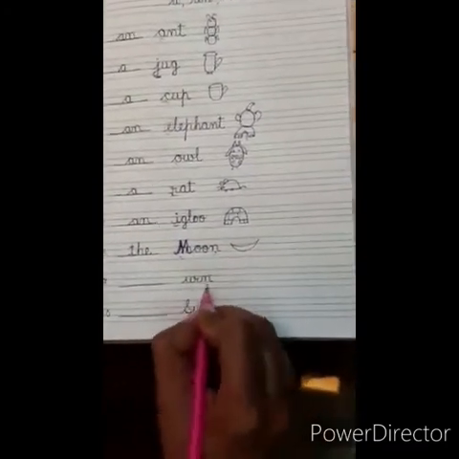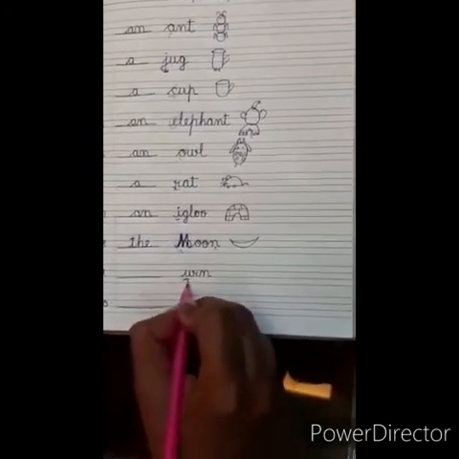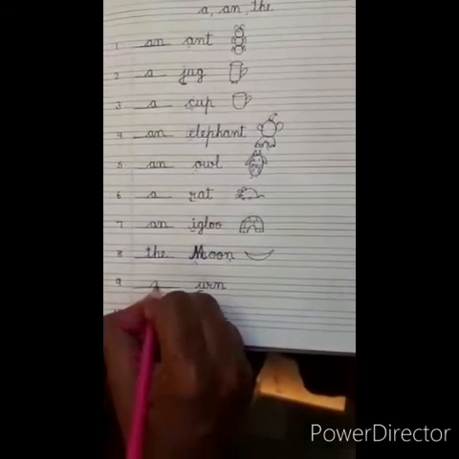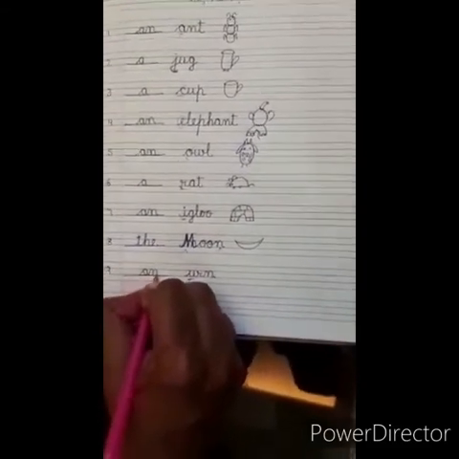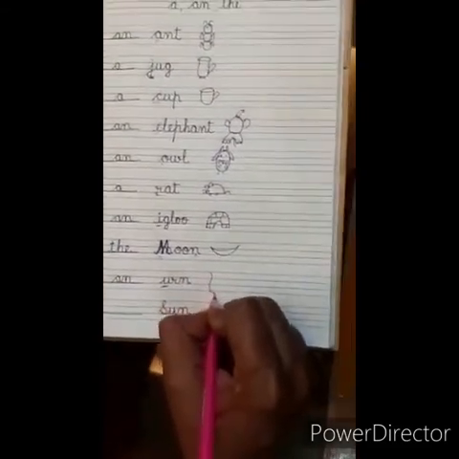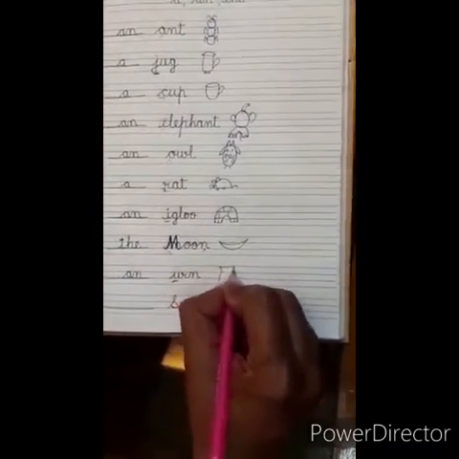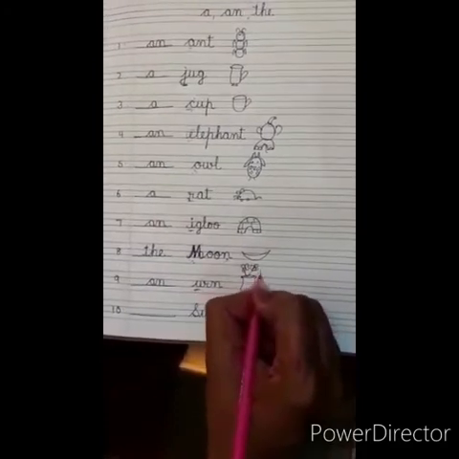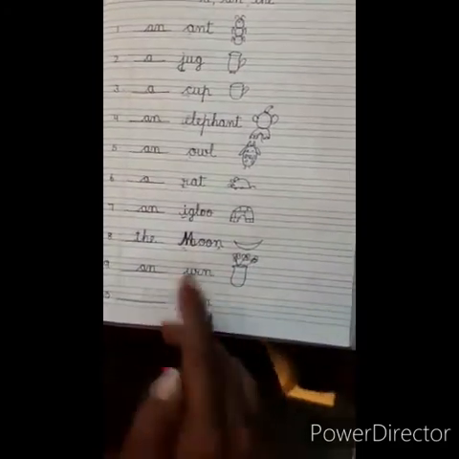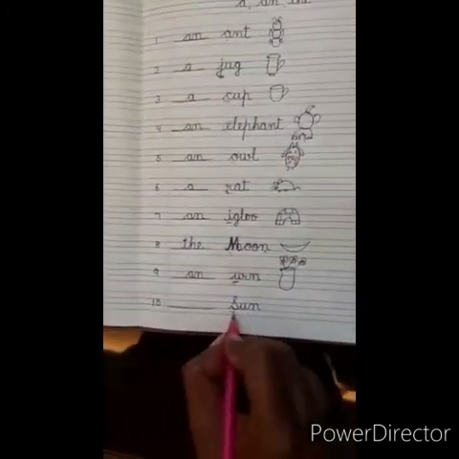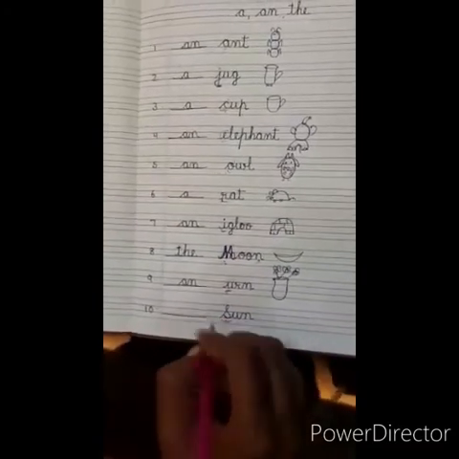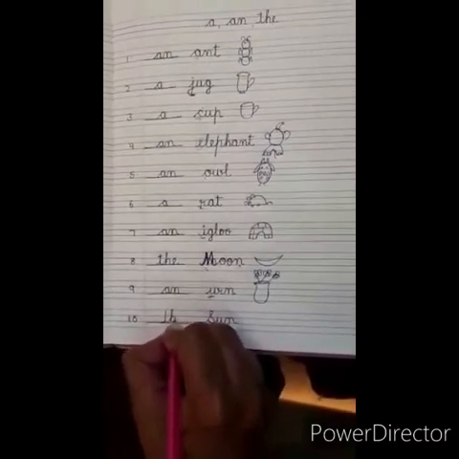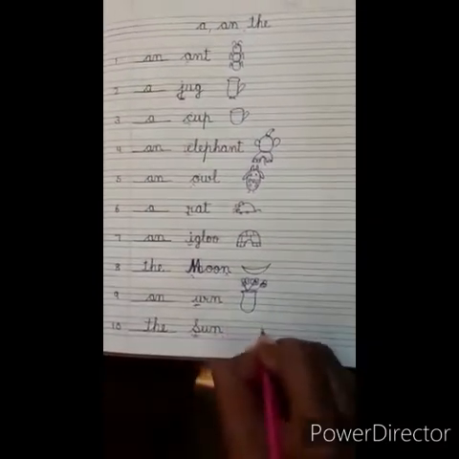Now next one is urn. The first letter is U and U is also a vowel, so here we use vowel's best friend an urn. Now the last one is sun. Sun is one and it's a universal truth, a particular object, so here we use the sun.